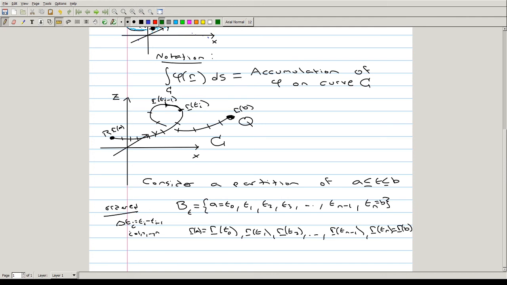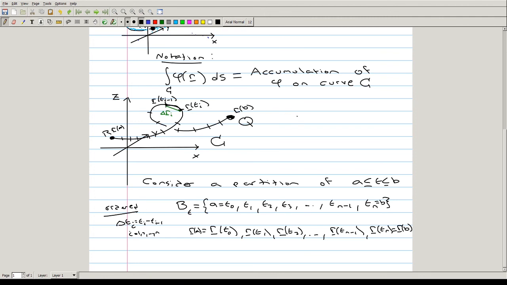So here in this picture, if we draw a straight line here, we'll call this delta Ri. In general, this is a position vector that represents this line right here.